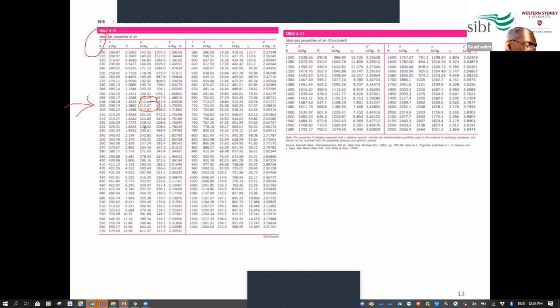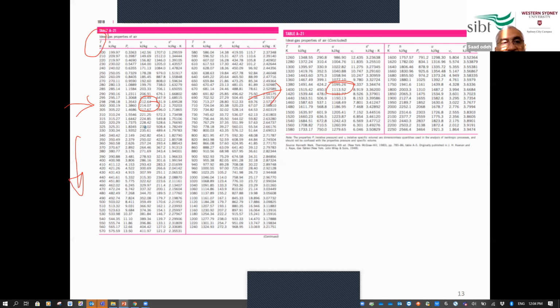point 2, the end of the process, was at temperature 1400. So we go to the table again, we go down, and check where temperature 1400 is. We'll find it somewhere here, this one. At this temperature 1400, the U value is 1113, okay?